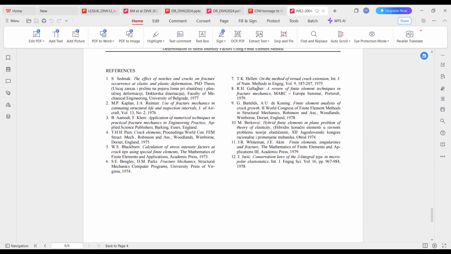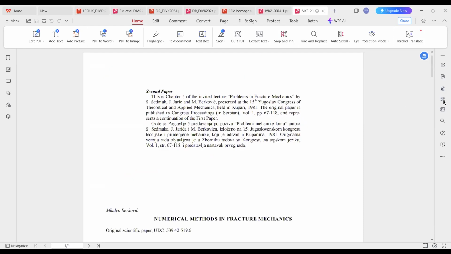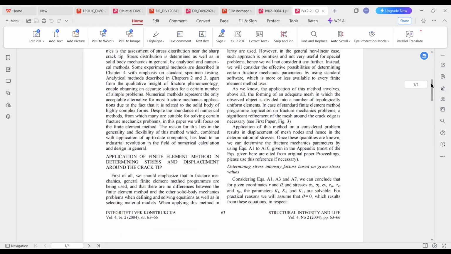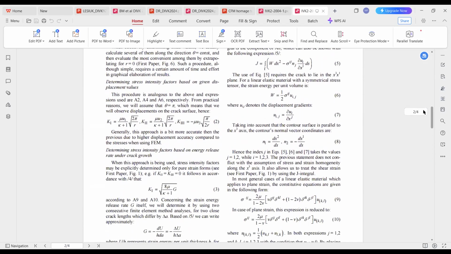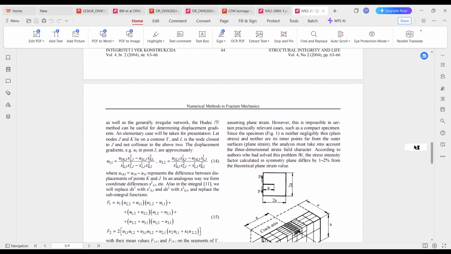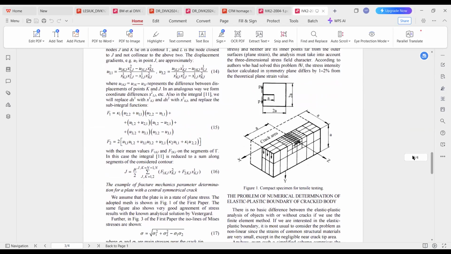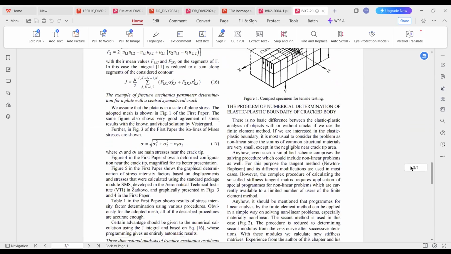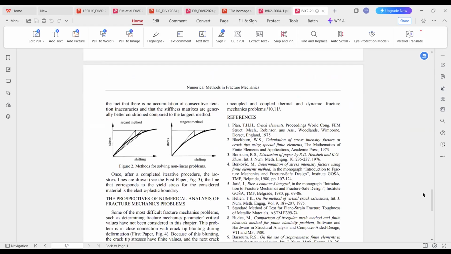Other papers we might briefly see. The one from 1982, which was more general. It was focused on the J integral. Also, it introduced, for the first time, non-linearity. You can see once again all these equations and how to solve nonlinear problems.